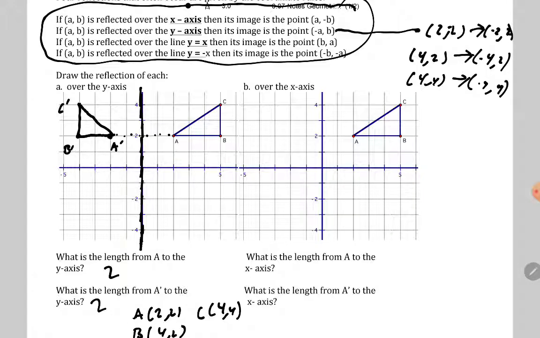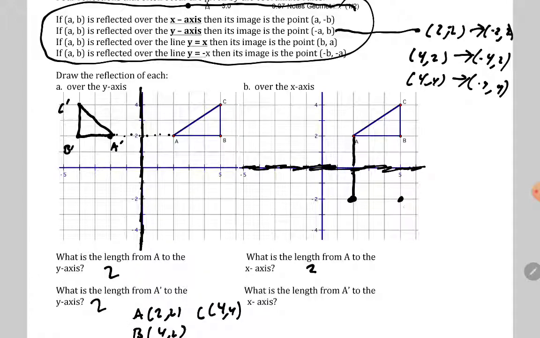So part B, x-axis. The x-axis is the horizontal line. If I measure the distance from A to the line of reflection, that's 2. So if I go 2 here, I must go 2 here.